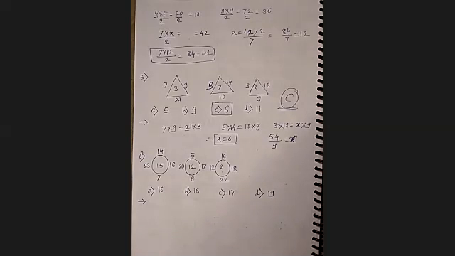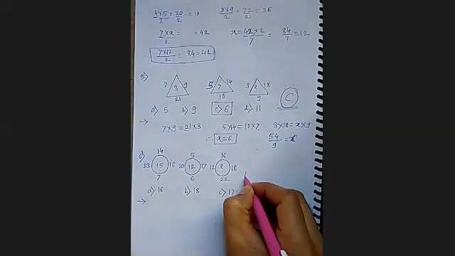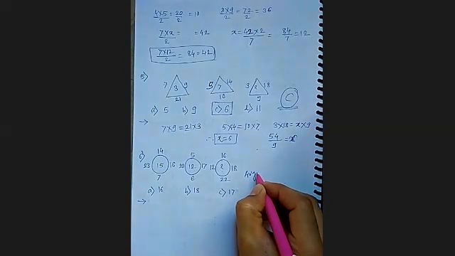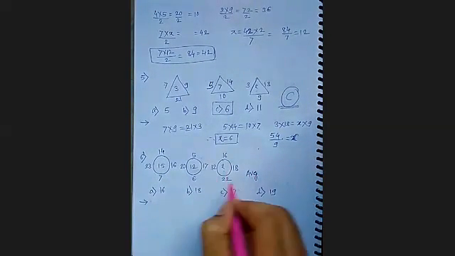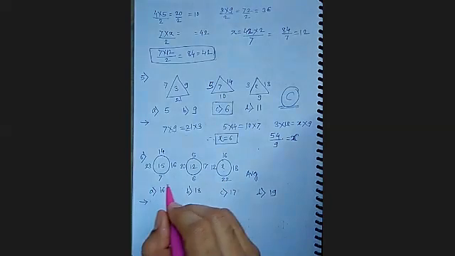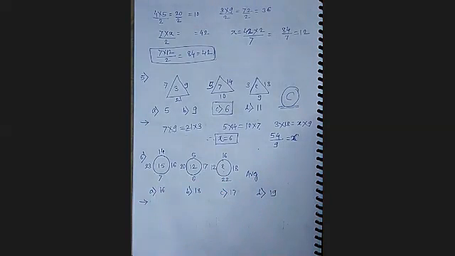Someone had written, but I could not see it. 1 by 4 of sum. That's kind of logic, right? So simply you take the average of the numbers which are outside the circle, and the average of all these numbers outside the circle will be equal to the number inside the circle, right?